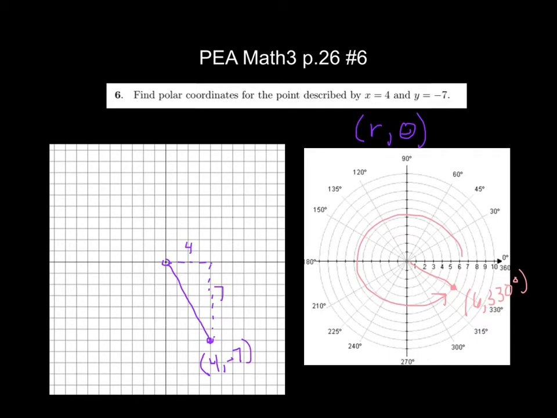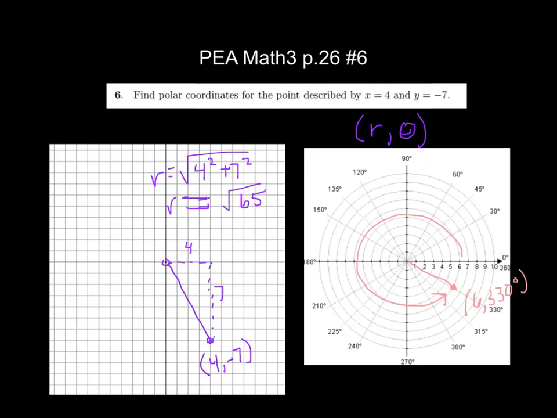So that would be square root of 4 squared plus 7 squared. So r equals square root of 16 plus 49, which is 65. And I'll just leave that as square root 65.